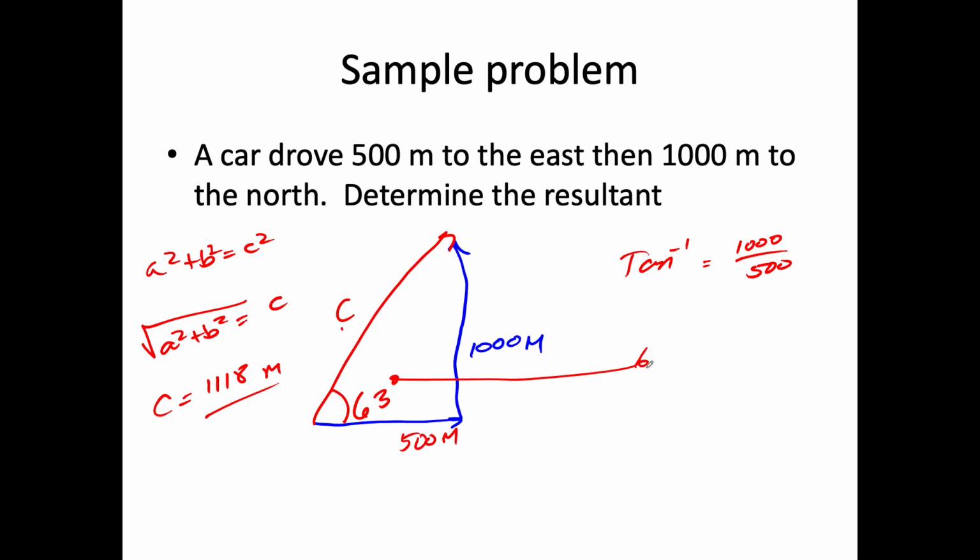So my resultant is this way, 63 degrees north of east, going 1,118 meters. And that's how we determine the resultant.